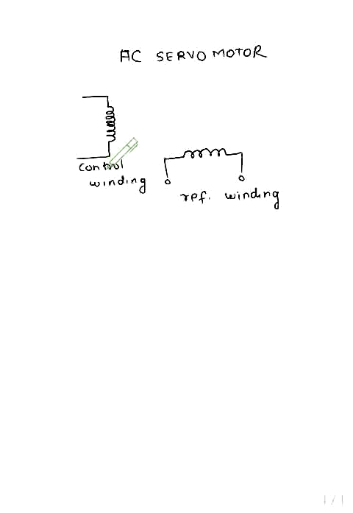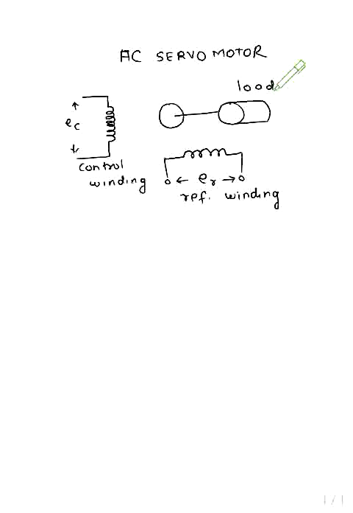This is called EC and this is called ER. In between these two windings, the rotor will be connected to the load. This is the load, and this is the rotor of the servo motor.